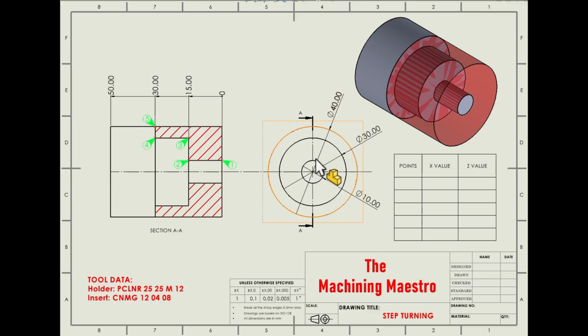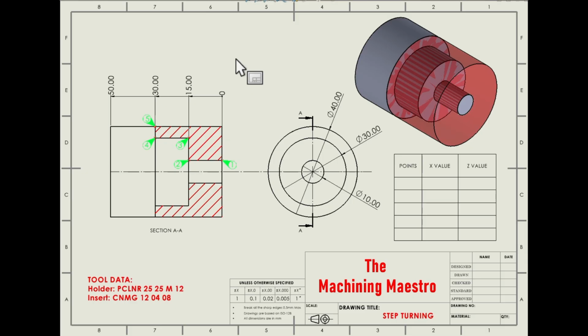However, we are producing a step of dia 10 up to 15 mm length and dia 30 up to 30 mm length. Before going to create the program, we should know how to calculate the points in the path, so that the machine will follow those points as a path to produce the component for you.